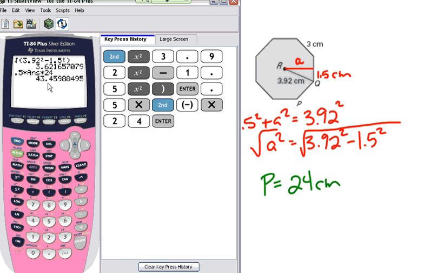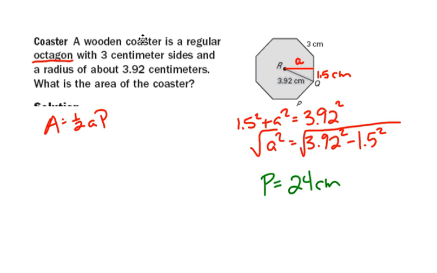And that gets me the most precise answer I'm going to get under these circumstances, because I haven't rounded. So my area is about 43.46 centimeters squared. So approximately 43.46 centimeters squared is the area of my coaster.